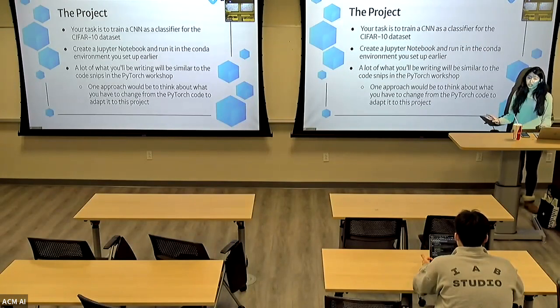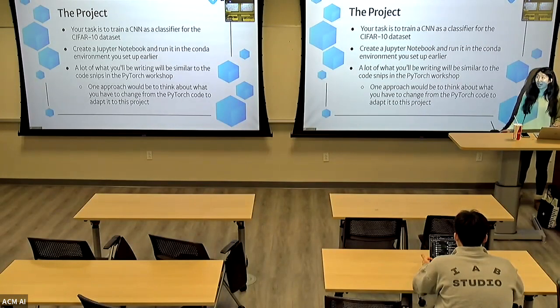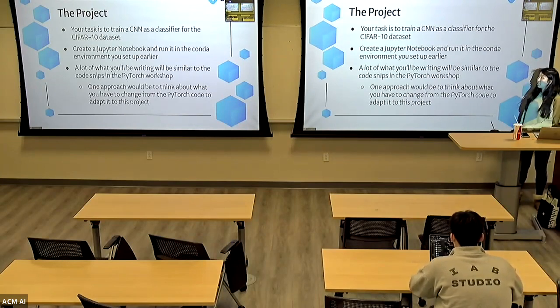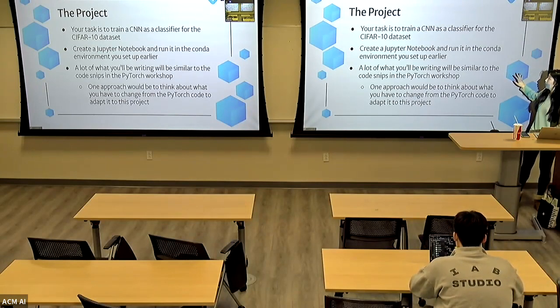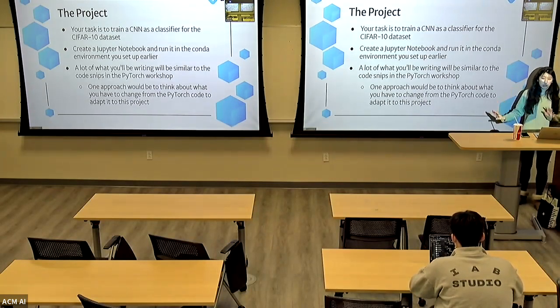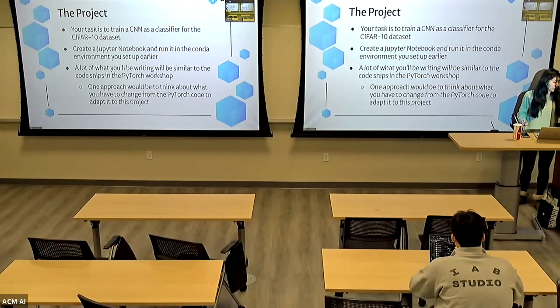Just a general overview of the project. Your task is to train a CNN as a classifier for the CIFAR-10 data set. We're going to have a Jupyter notebook that runs the Conda environment for you. Actually, we're going to be using Google Colab for the environment, which should help mitigate any setup issues.